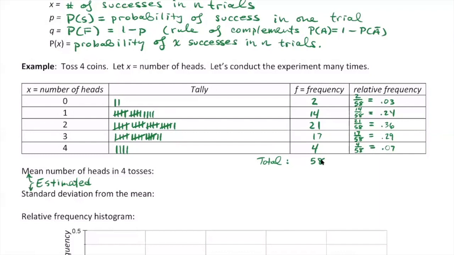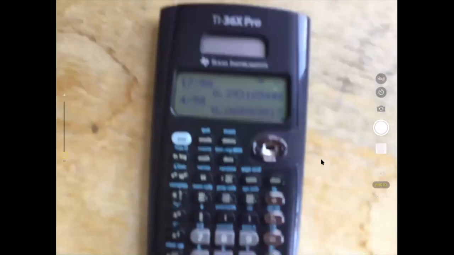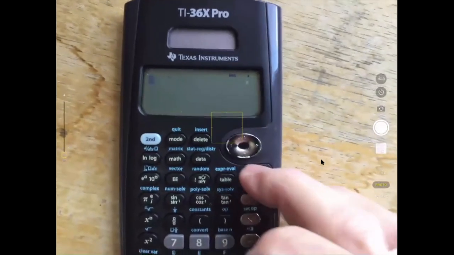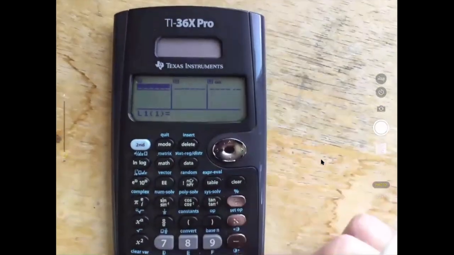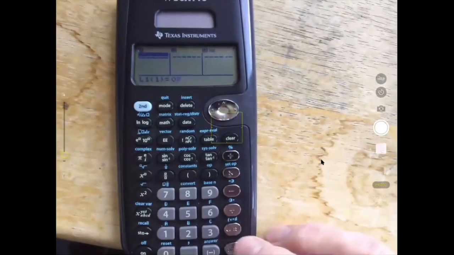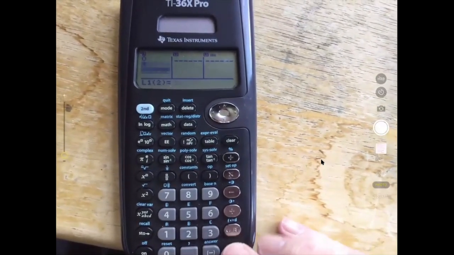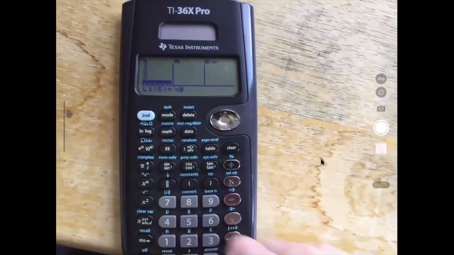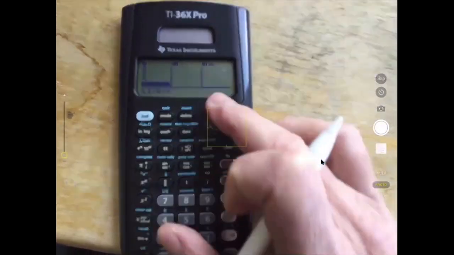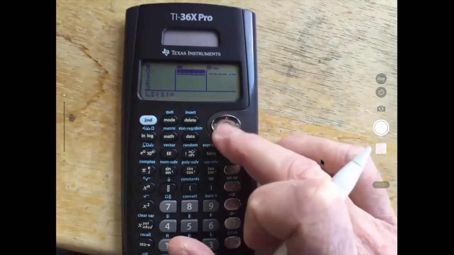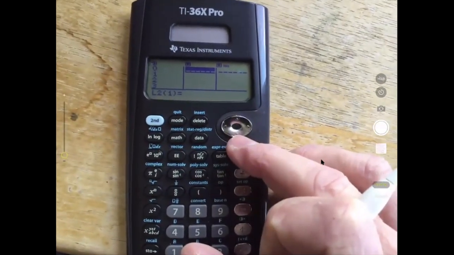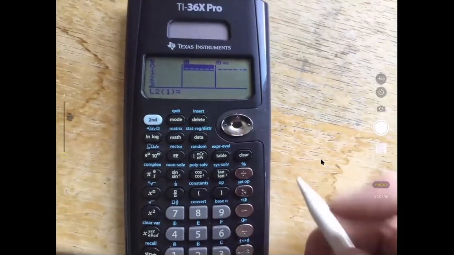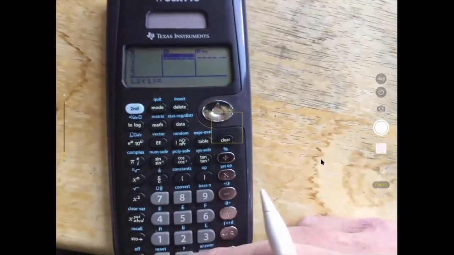So beg your indulgence momentarily while I key all this in. And I guess I have to do a memory clear. And the outcomes were 0 through 4. Does somebody have audio? I'm just going to use the frequencies, not the relative frequencies, because that'll be more precise. Does somebody have audio that can read to me how many times we got 0? It was 2, right?